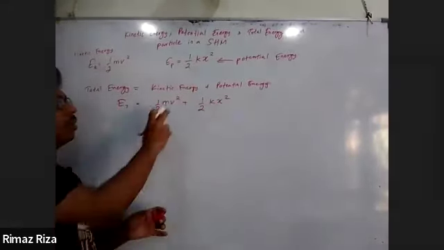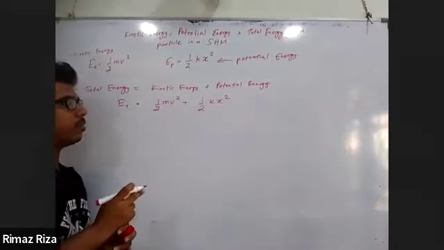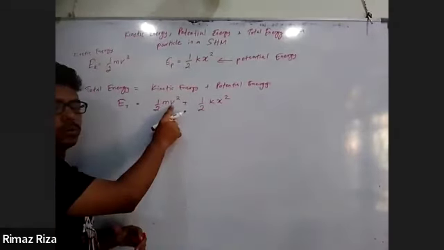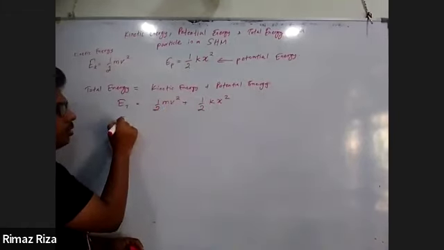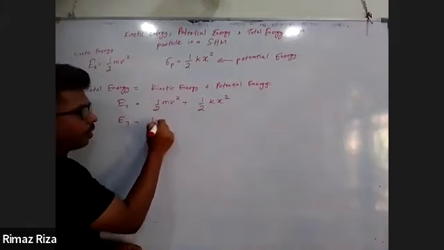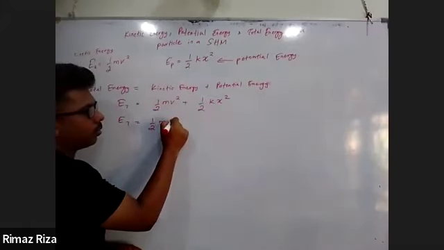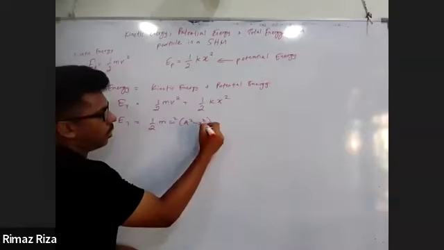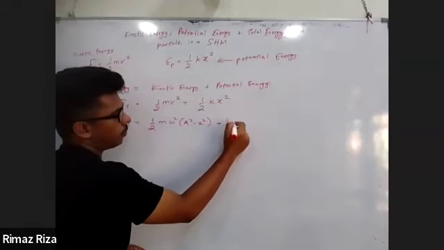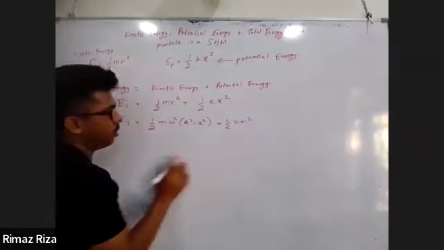So here we have two variables, v and x. I know how v changes with x, so I can substitute for it here: half m times omega squared times (a squared minus x squared) plus half kx squared.